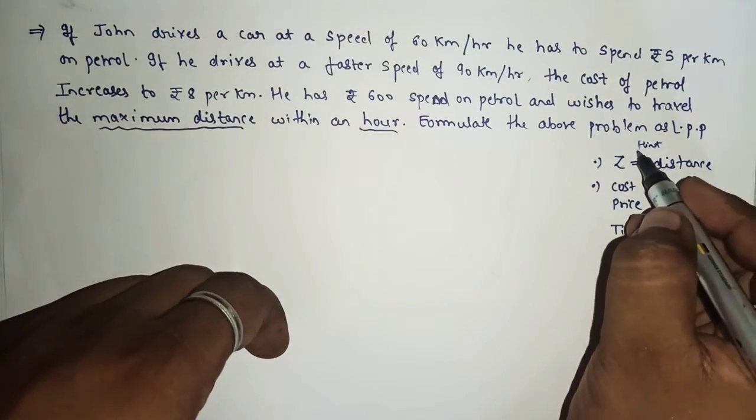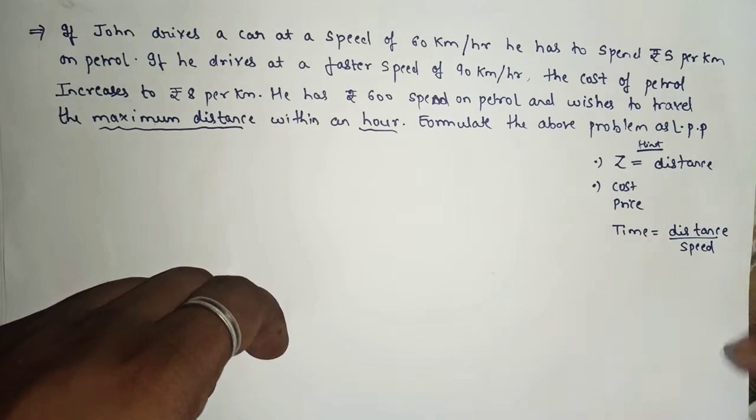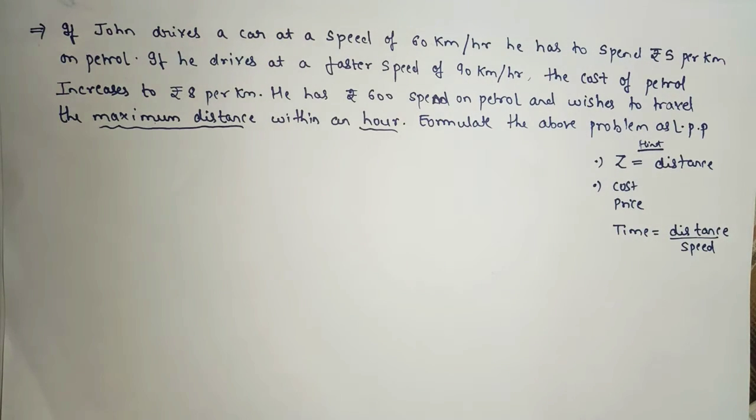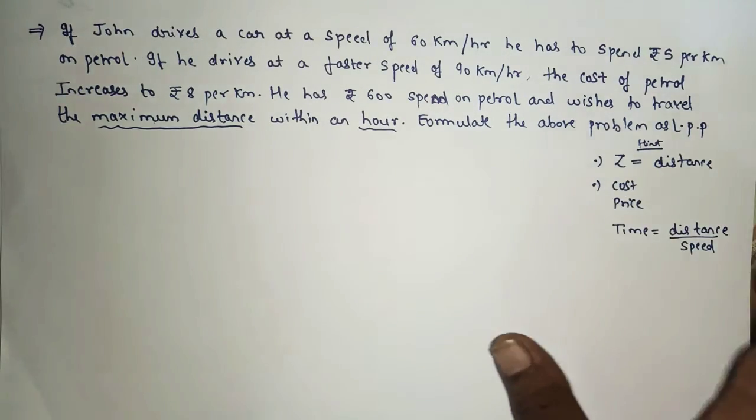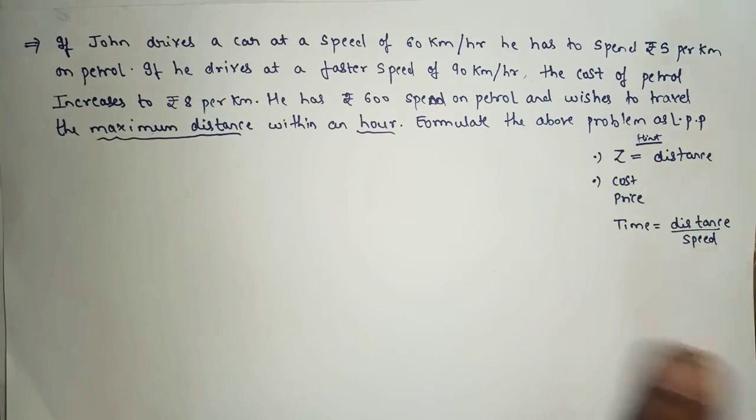So the hint is very simple: which part we have to consider as x and y, and which section we have to consider as z.